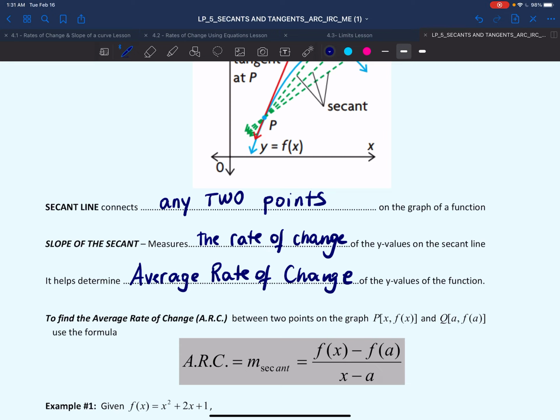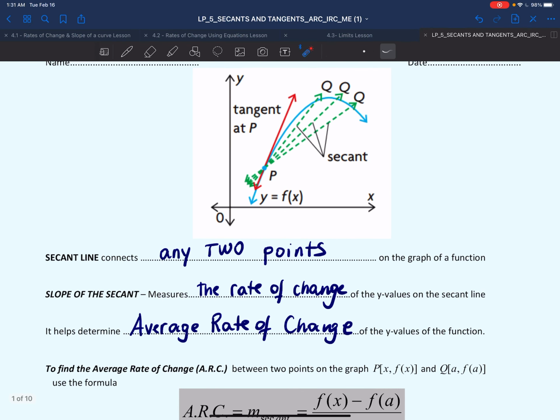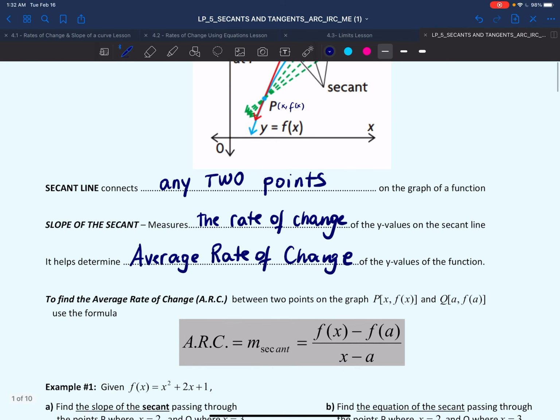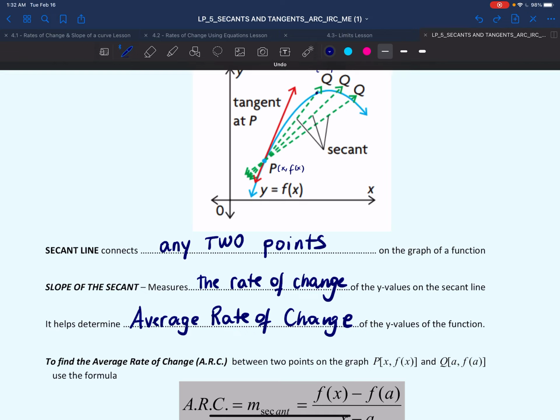Now, to find the average rate of change between 2 points on the graph of a function, like indicated, for example, on this graph, point P with coordinates x, f of x, and point Q with coordinates a, f of a, we use the formula for the slope of any straight line, delta y over delta x.